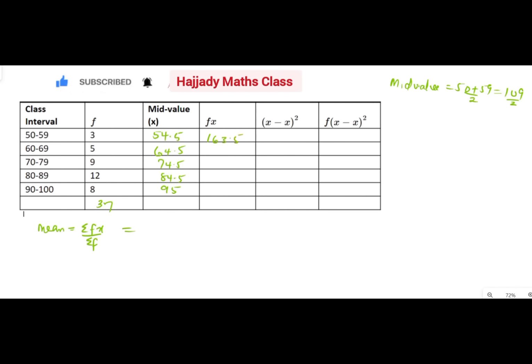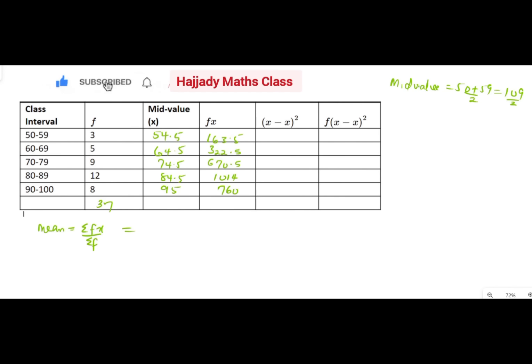And 5 multiplied by 64.5, here we're going to have 322.5. Here I'm going to have 670.5. Here I'm going to have 1014. And here lastly I'm going to have 760.